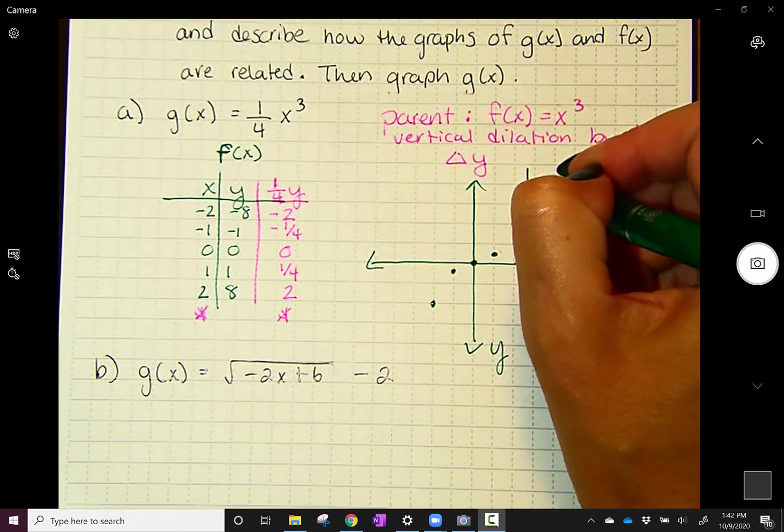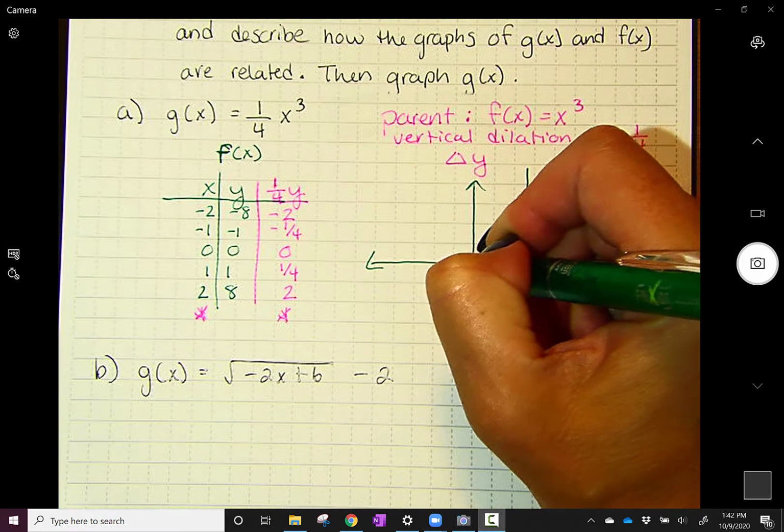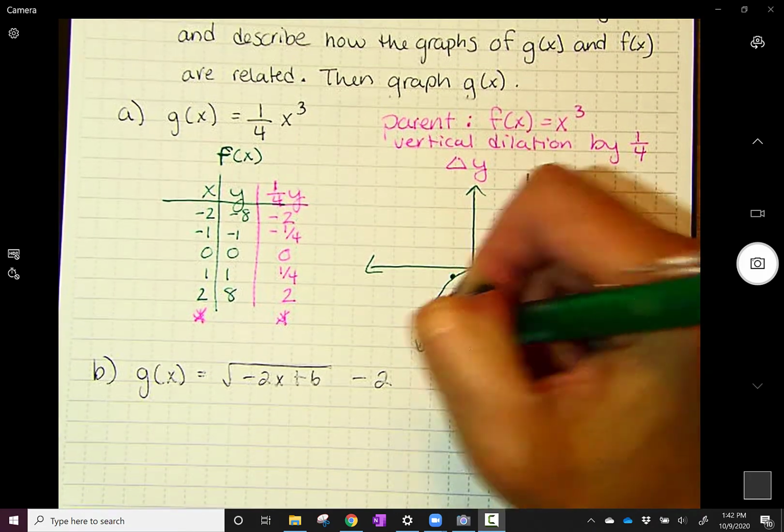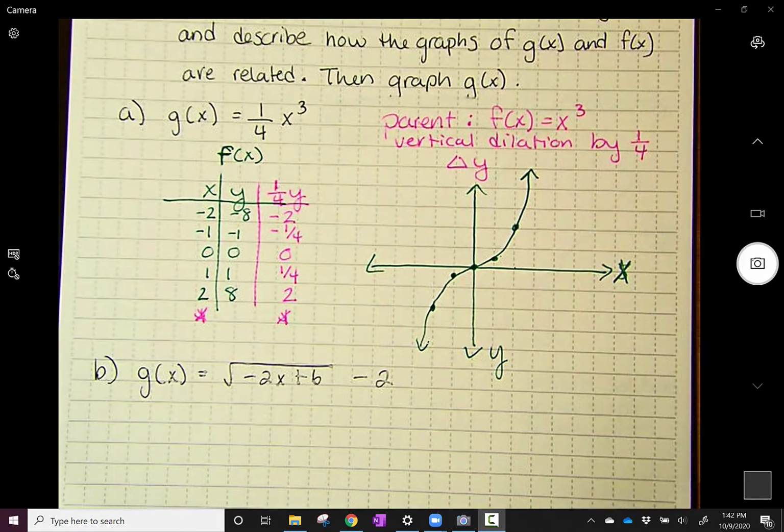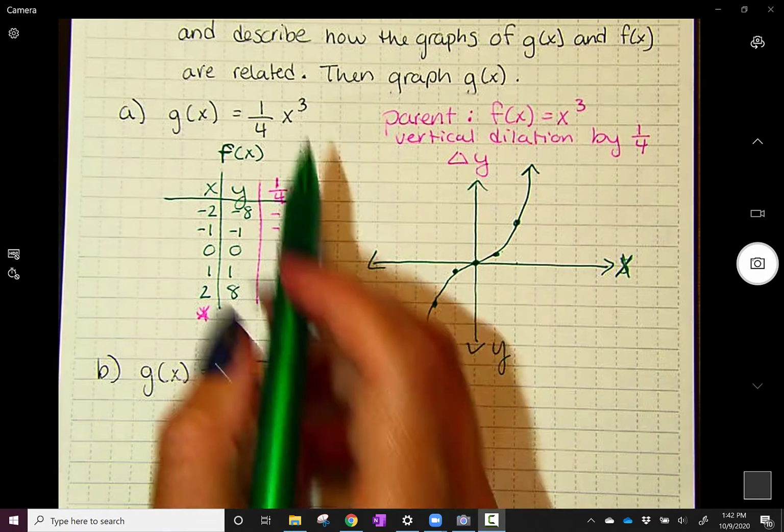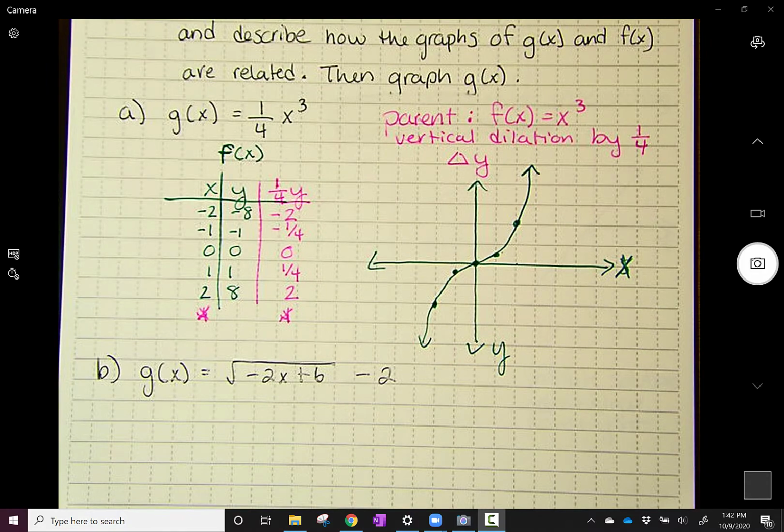And then I'm going to join up the points. And this is my new cubic that has a vertical dilation of 1/4.